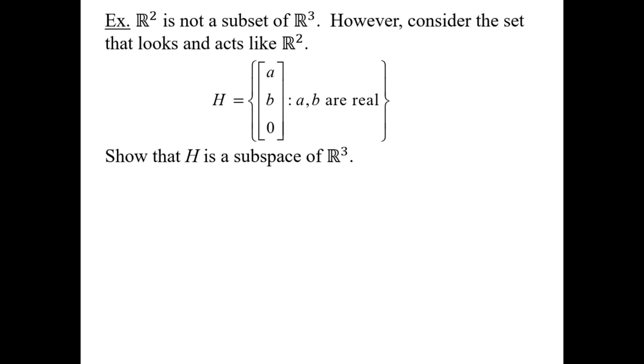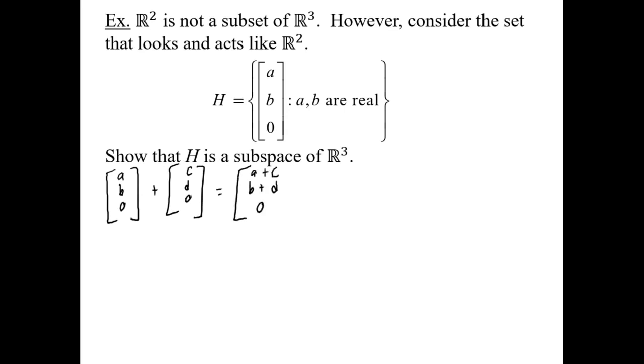We want to show that H is a subspace. So again, 3 properties to show. We take 2 vectors in H, so (a, b, 0), and then how about (c, d, 0)? If I add them together, I get (a+c, b+d, 0). Again, to be in H, the first 2 components can be any real number.